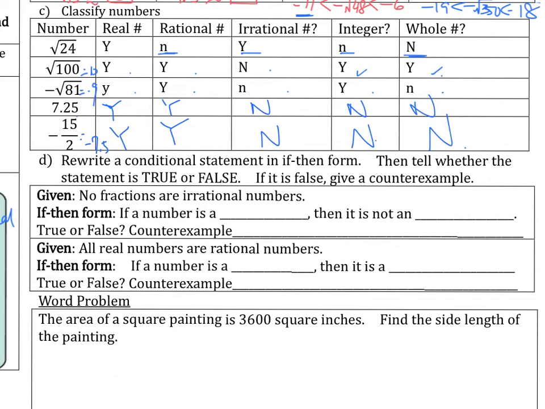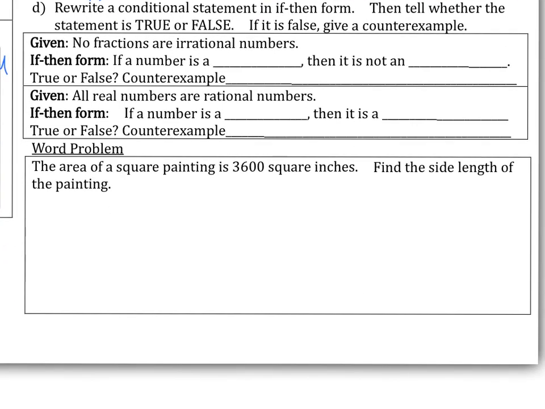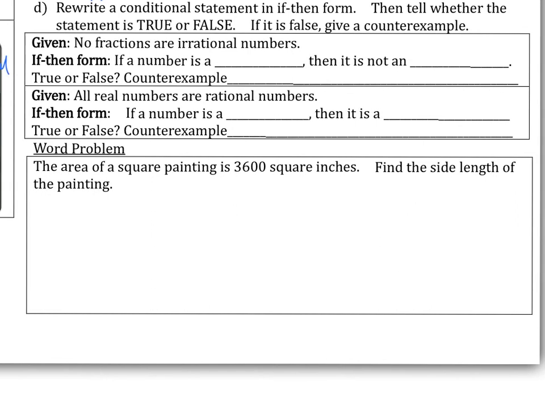Okay. Part D. Rewrite a conditional statement in if-then form. Then tell whether the statement is true or false. If it is false, give a counterexample, meaning an example that will prove why the statement is wrong. Given, no fractions are irrational numbers. If-then form.